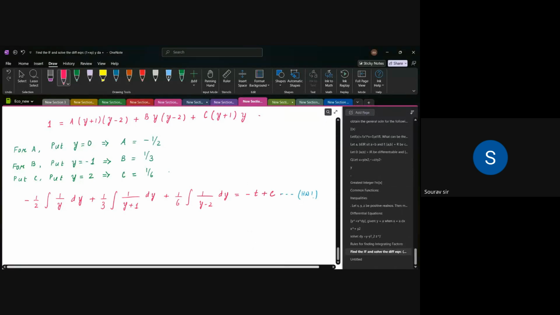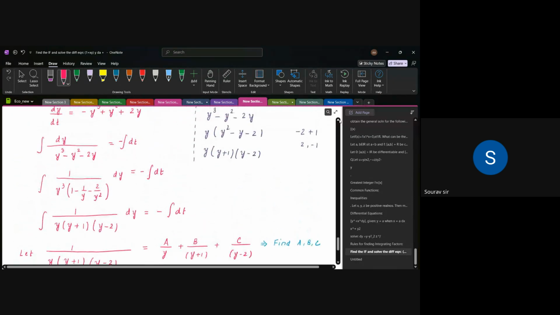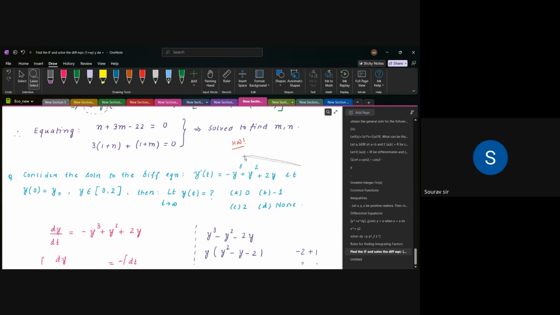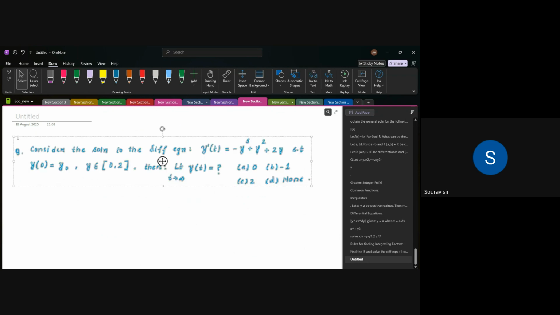Okay. So let me just take a look at this question once more that we were discussing. This was the question: consider the solution to this differential equation. Then the limit as t tends to infinity of y(t) is how much? We were first of all trying to solve this differential equation, right? So I'll just take this last step from here.